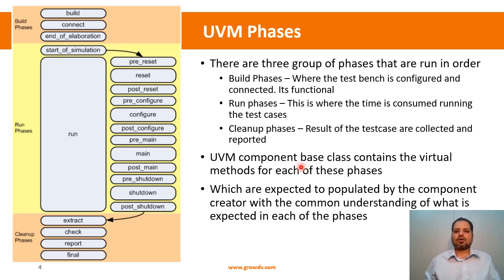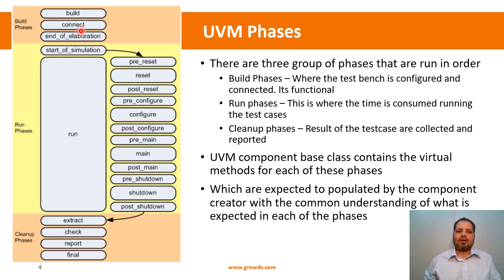The expectation from the user is that any UVM class that belongs to a component hierarchy, whether extending from UVM component or any base class that extends from UVM component, can utilize these functions and tasks. So whatever code you intend to execute in a particular phase, the user can go ahead and populate it there.